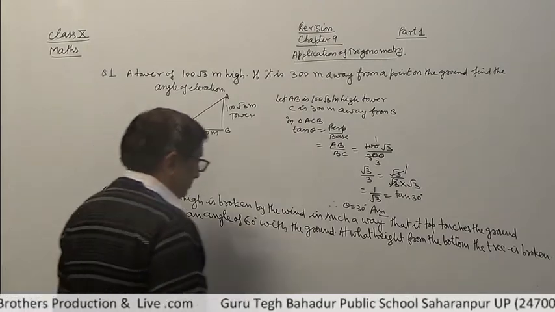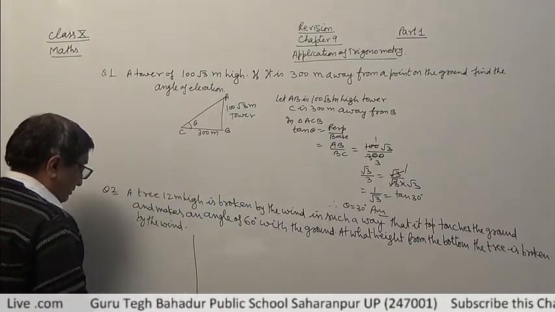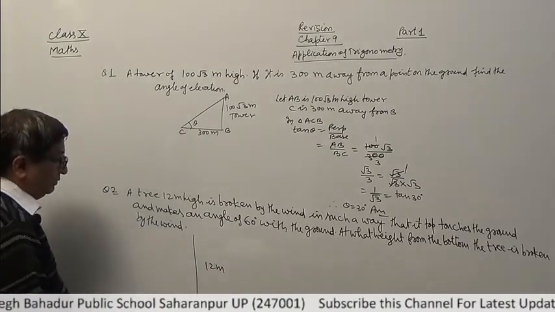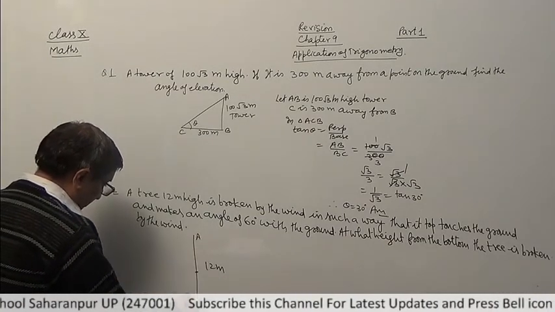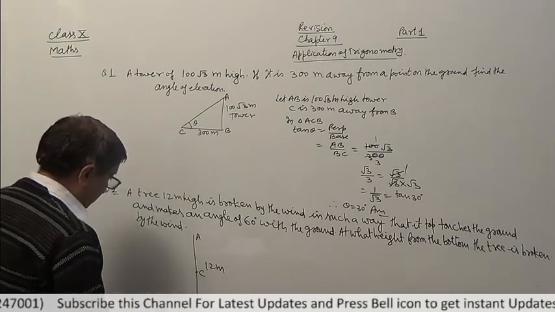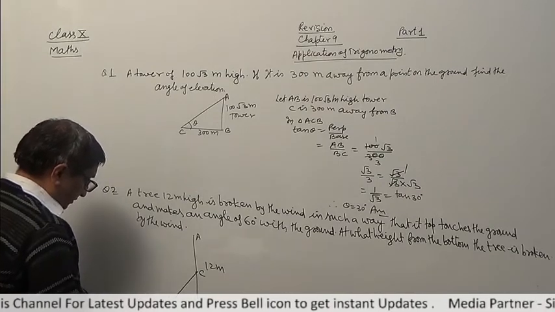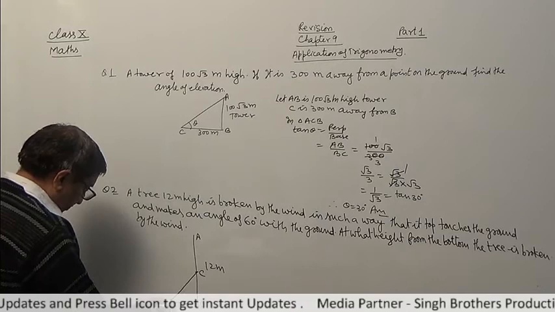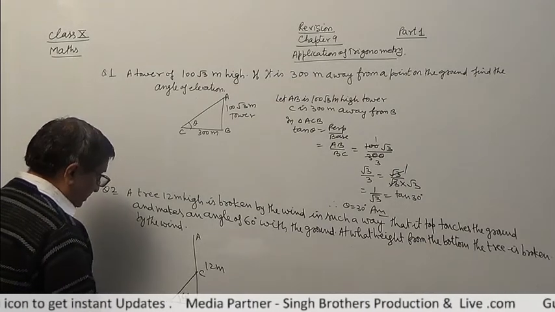So this is a tree which is 12-meter high. It is broken from this point. AB is the tree, broken from point C and comes to this point on the ground. It touches the ground and makes the angle of 60 degree.